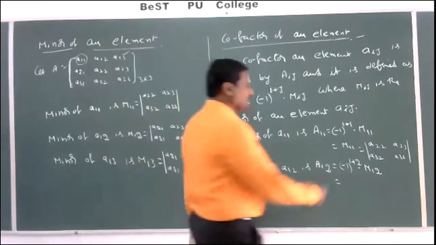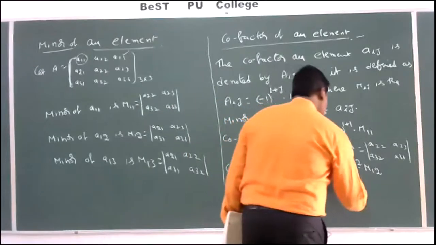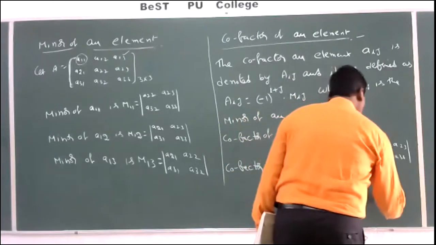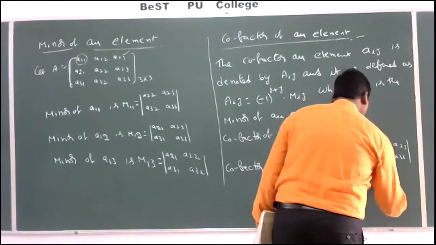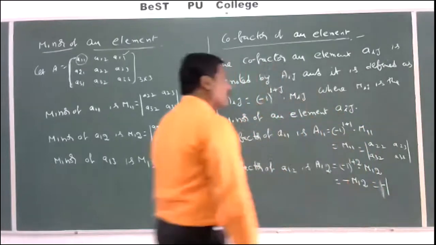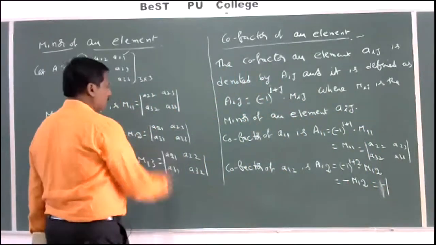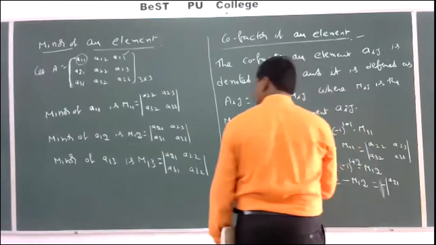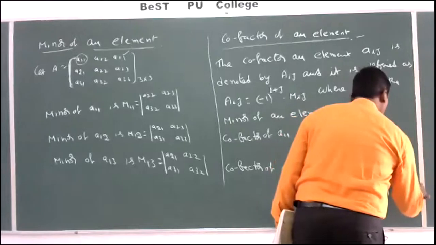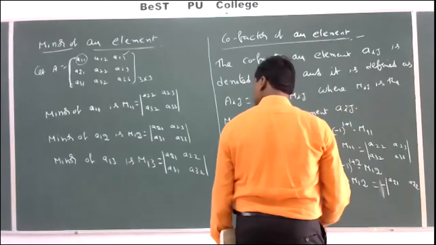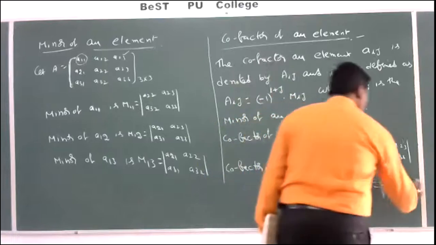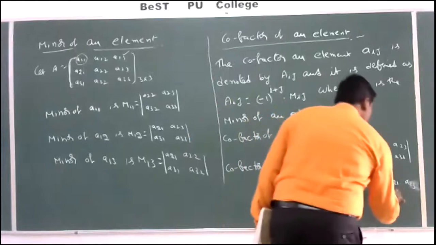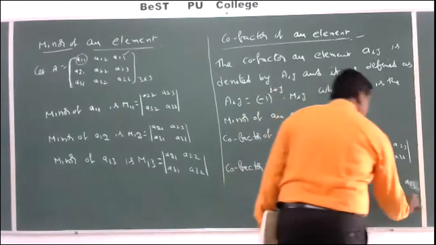Minus 1 whole cube means it is minus M12. Already we know the M12 value. Substitute this M12 value: determinant of A21, A23, A31, A33.